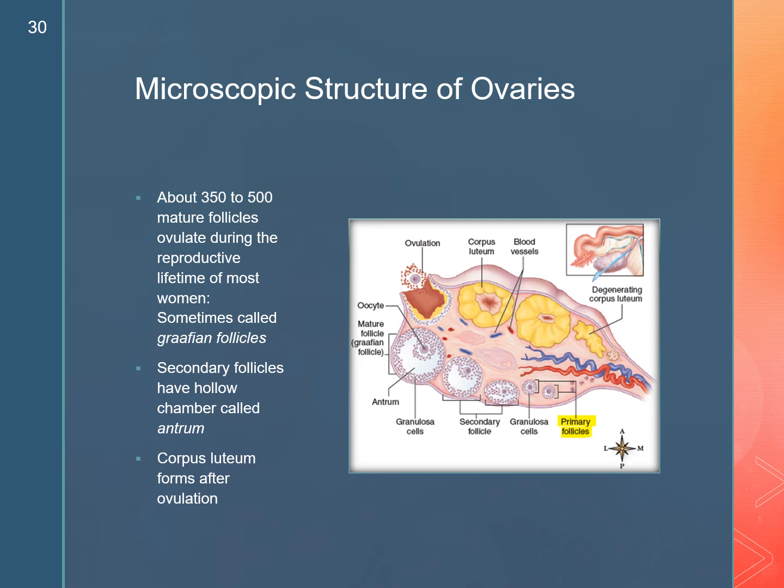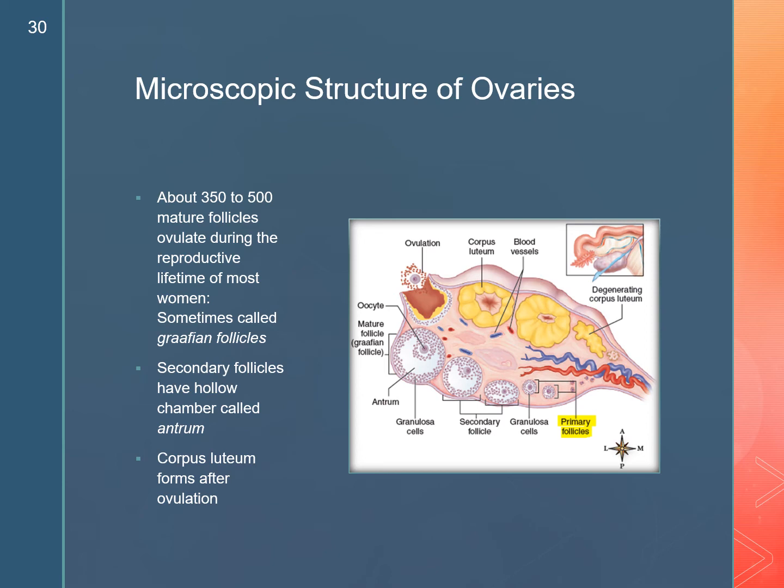Okay, so by puberty, the female has about 400,000 primary follicles, and they're encased in a layer of cells called granulosa cells. And as this granulosa thickens, a hollow chamber is formed around the ovum called an antrum.